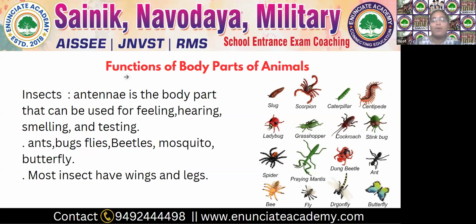Antenna is a body part that can be used for feeling, hearing, smelling and tasting. These insects have an antenna. This antenna is used for feeling and hearing sound, and smelling and tasting food.